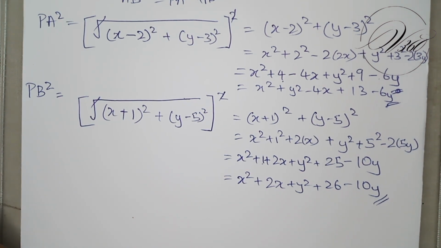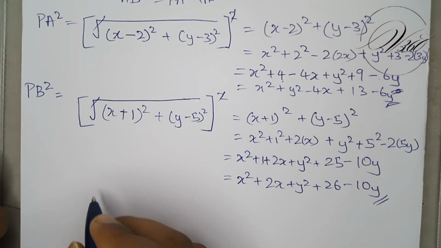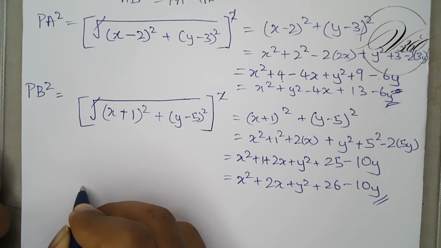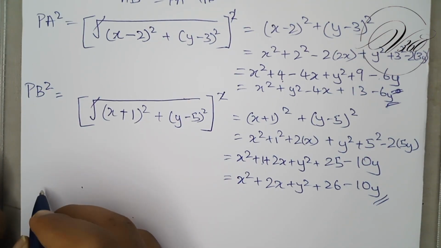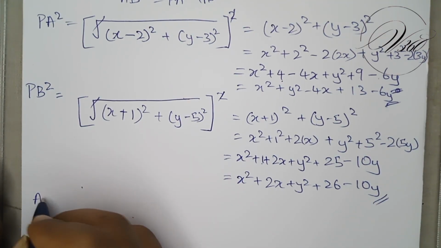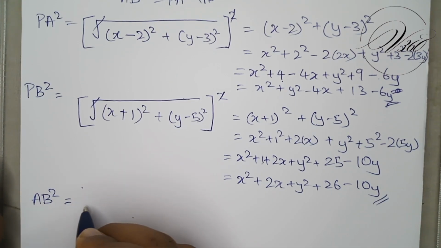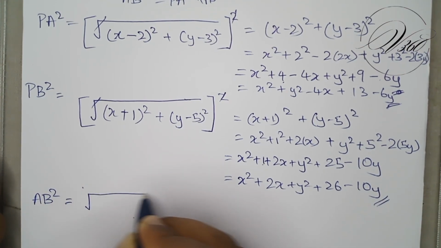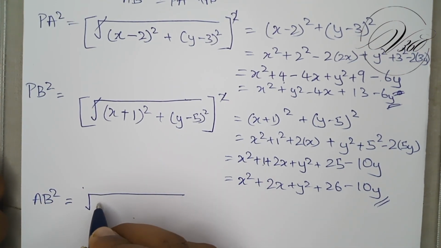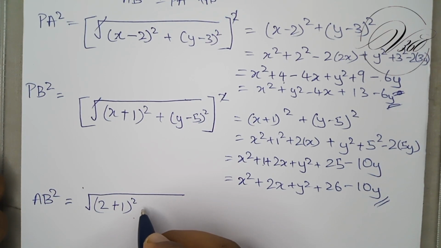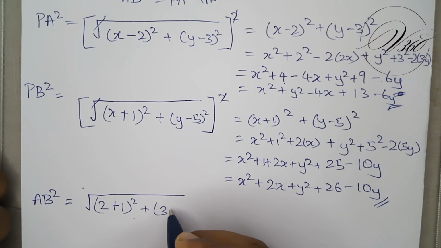Now here we will use Pythagoras theorem and find what AB is, or we will directly write AB square is equal to under root A is what, 2 minus into minus 1, which is plus 1 whole square, and here plus y 3 minus 5 whole square.